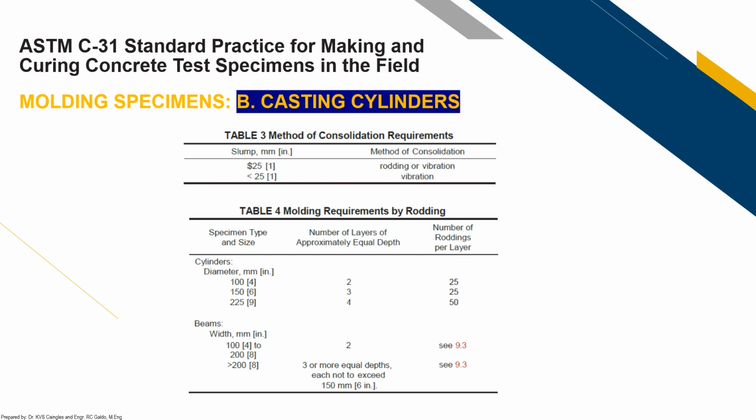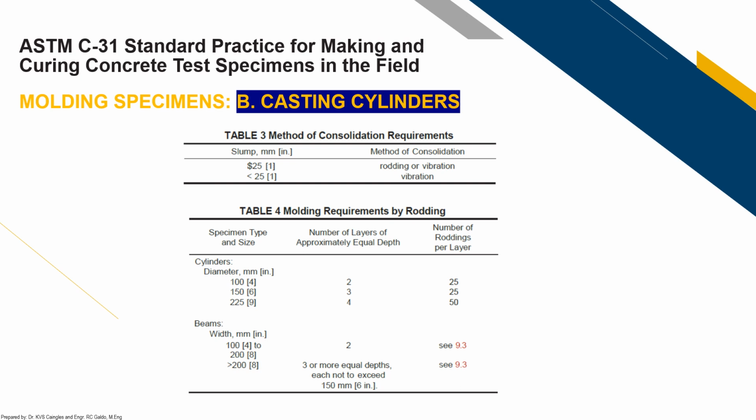So it will depend on your slump. Okay, if your slump is 25 millimeters, or 1 inch, you're going to use rodding or vibration. Otherwise, you need to use vibration.